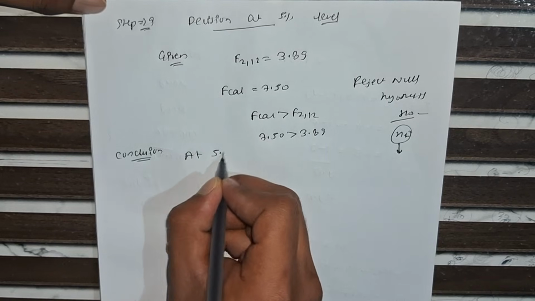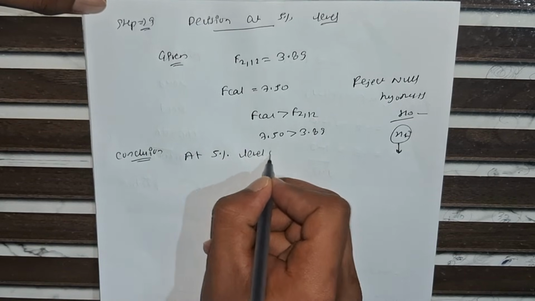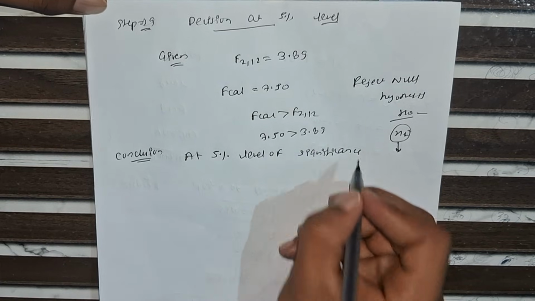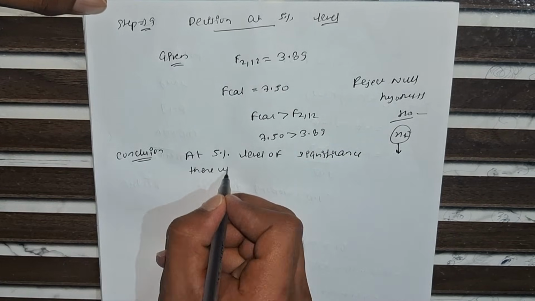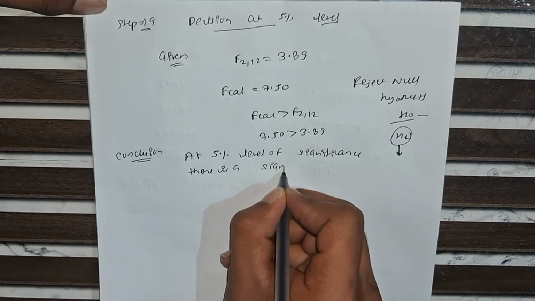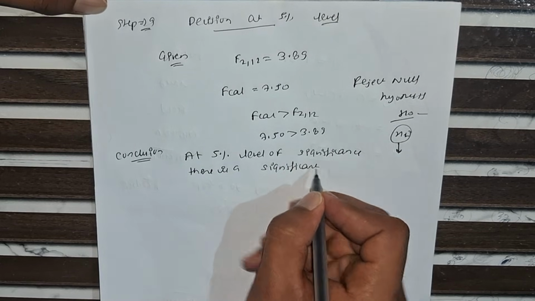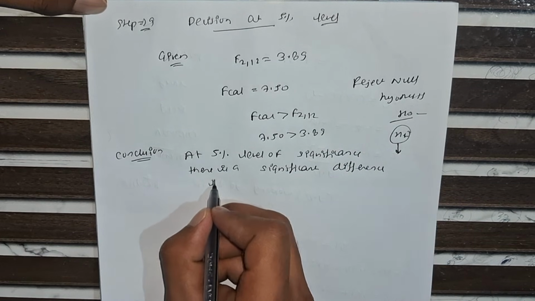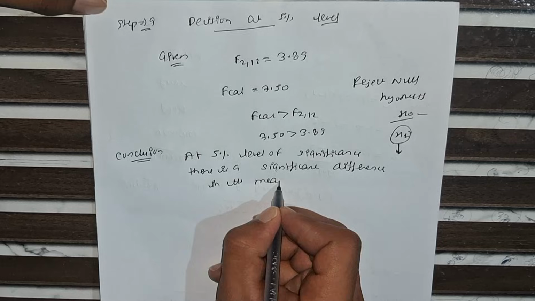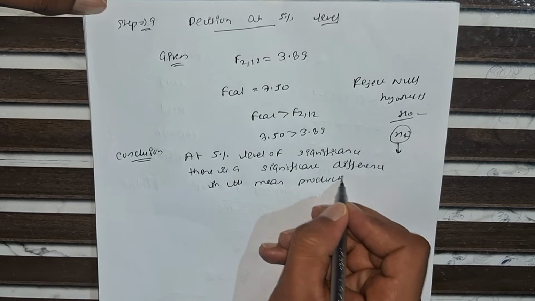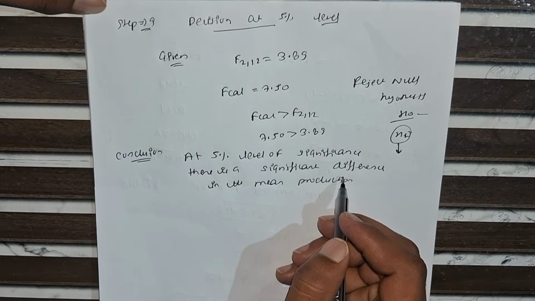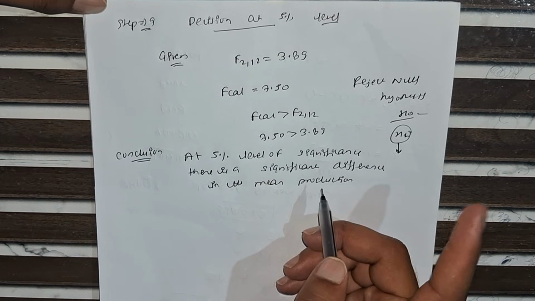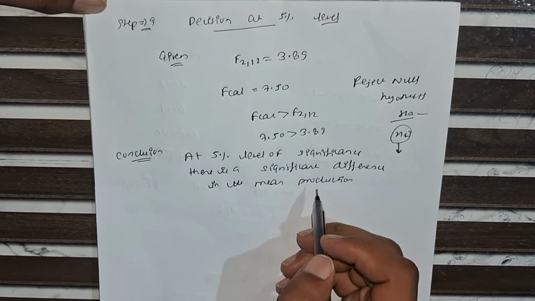At 5% level of significance, there is a significant difference in the mean production. Why is there a significant difference in the mean production? Because the speed of one machine is not equal to the speed of other machine. That's why the significant difference of mean production occurs there.